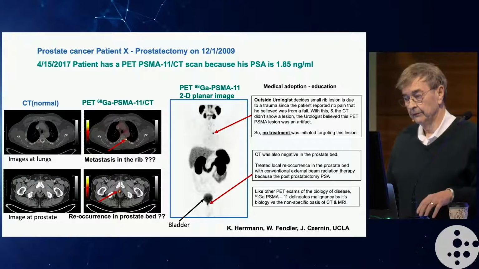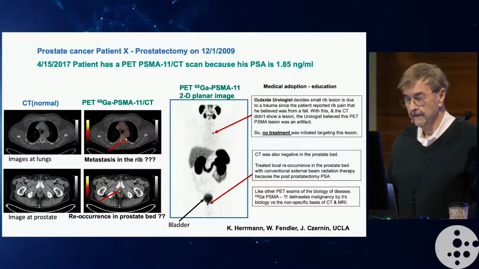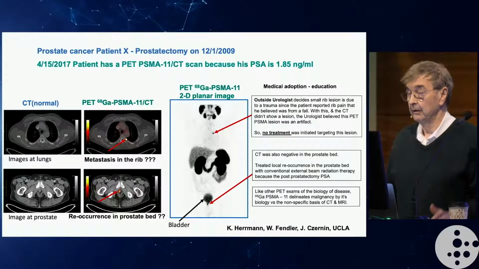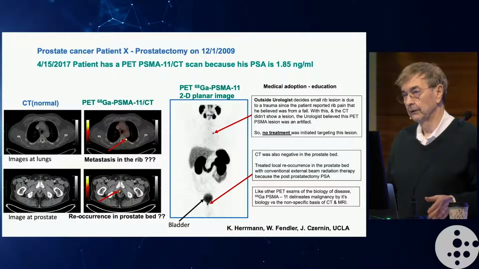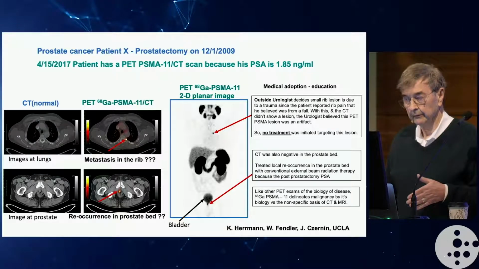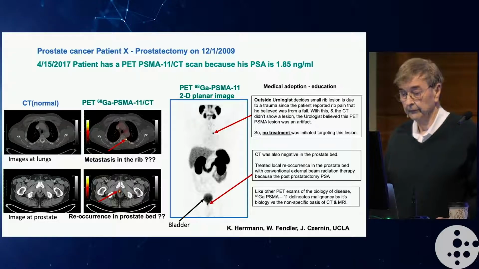So our urologists are very familiar with the theranostics approach. They refer their patients to us. They believe in it. They understand it. And in fact, we have a 4-month wait time because the growth has been so quick that it's expanded beyond our capability to supply the service.